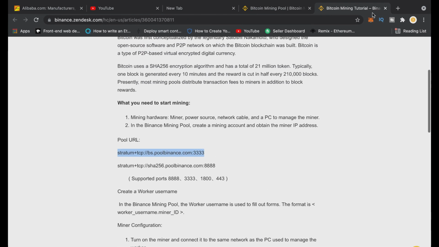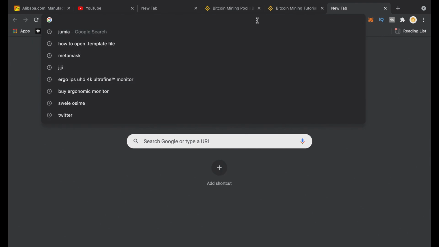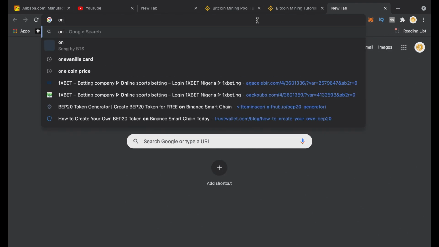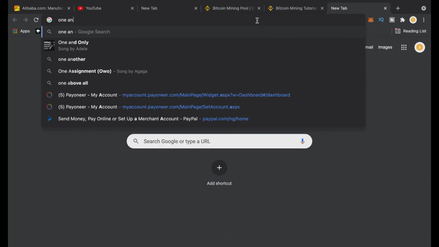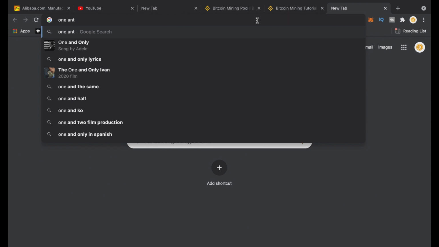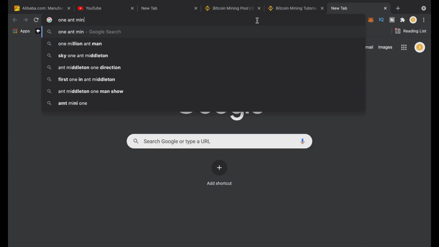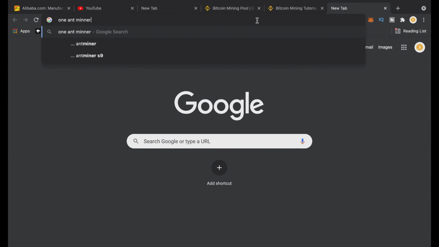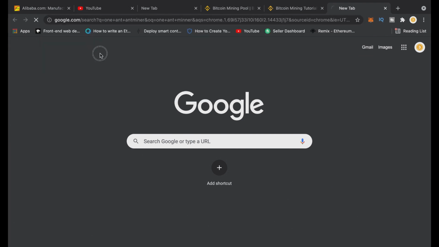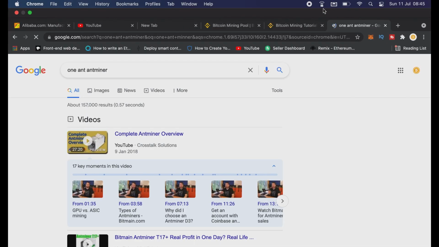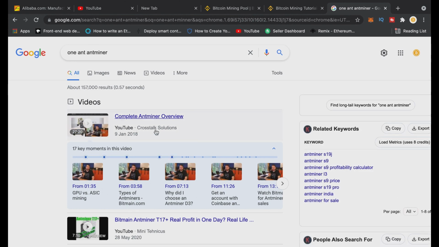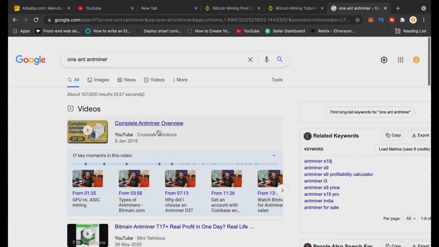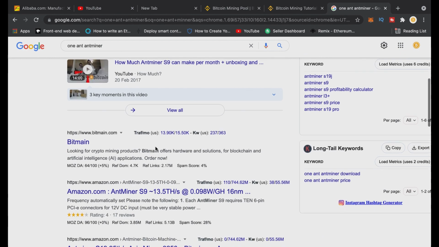But before doing this, you really have to check the cost of one Antminer.